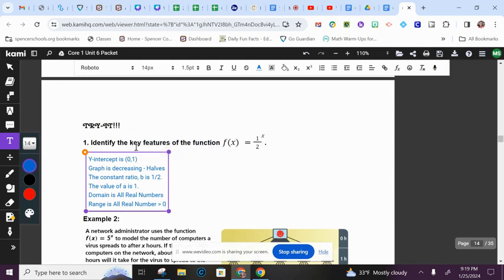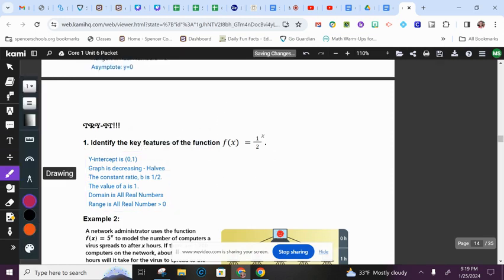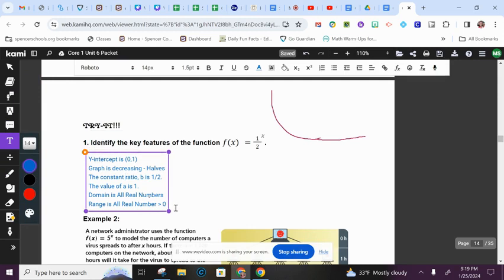So this graph is going like this. As you look in Desmos, it's going to go down and down and down and get closer to 0, but never cross the 0. And since we're talking about the line that it never crosses, we're going to go with the idea of asymptote here.